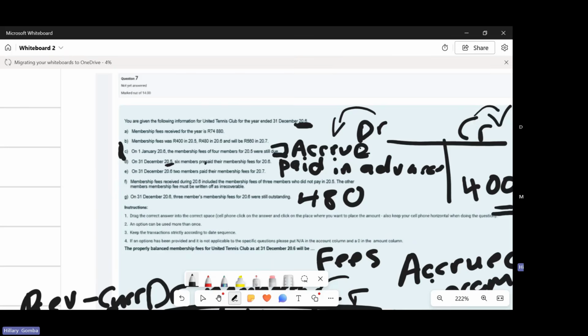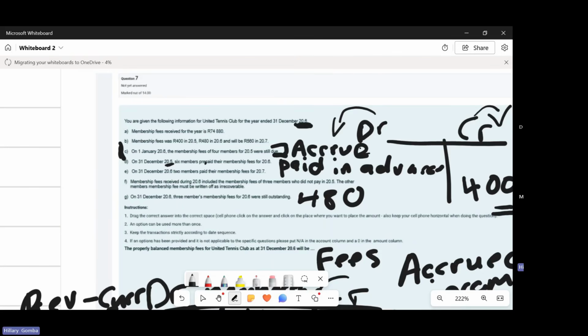If it's the previous year and they paid in advance in the previous year for this year, it goes on the debit. And if it's this year and they pay in advance for next year, it goes on the credit side. Okay, it makes sense. I will grasp it as I practice it.